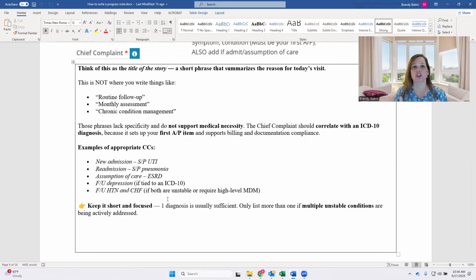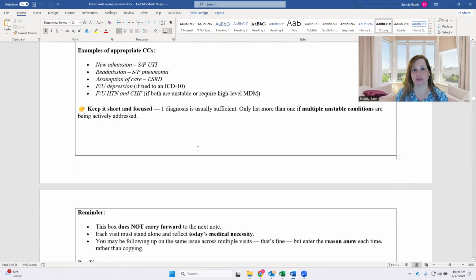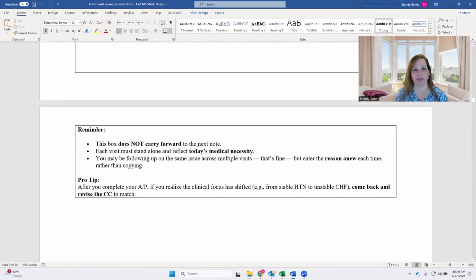Okay, so your chief complaint would be abdominal pain, and under your HPI, then that's where you would put complaining of abdominal pain with associated nausea and vomiting times 3 days. Then your denies diarrhea, constipation, whatever. But your chief complaint, short and simple, and needs to be your first assessment and plan.